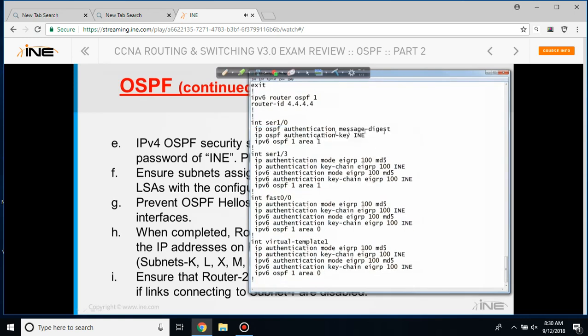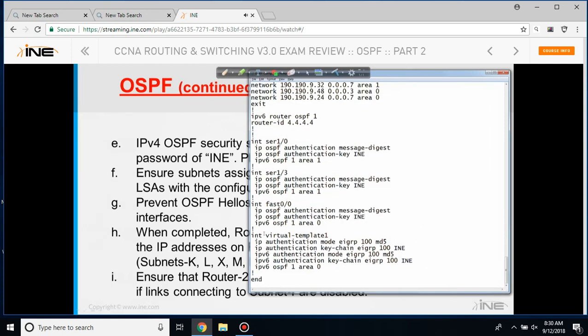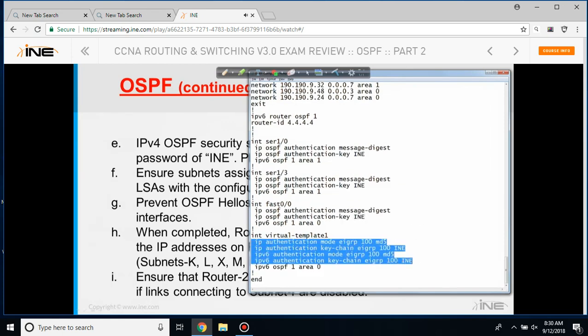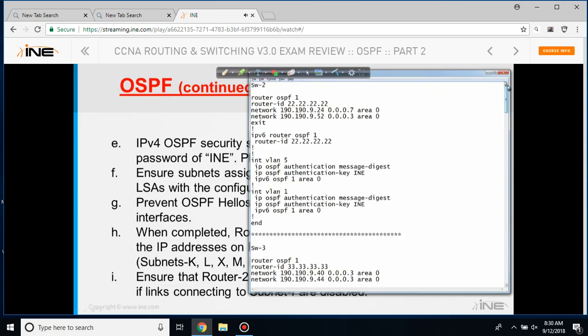And I'm going to see if you guys can spot it. Okay, that should do it. So my routers and layer 3 switches should now be ready for me to paste in my OSPF configurations. Are there any questions about what I did before I start copying and pasting these into my devices?